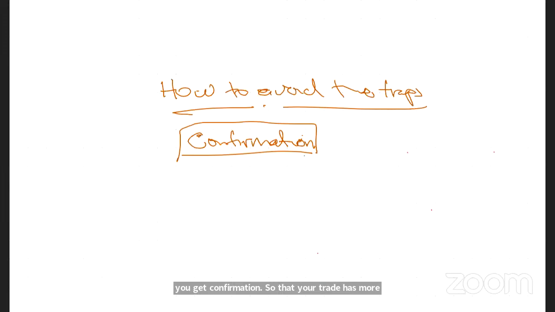When the candle breaks the resistance, wait for the next candle. It is a good way to trade at a breakout. For example, these are red candles. Let me use green candles. Let me start with the bull trap. These are green candles.